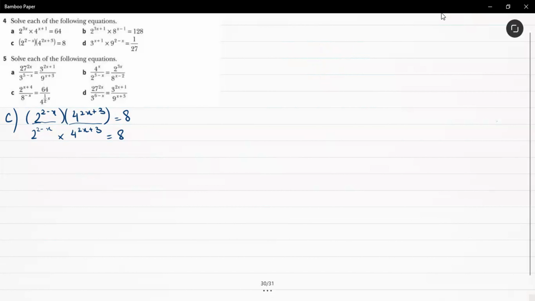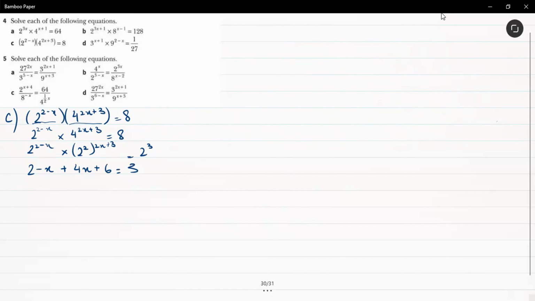So again, go to the simplest digit. We all know these digits. So 2 raised to the power 2 minus x multiplied by 2 raised to the power 2 multiplied by 2x plus 3 is equal to 2 raised to the power 3. Now we get 2 minus x plus 2 2s are 4x plus 3 2s are 6 is equal to 3.